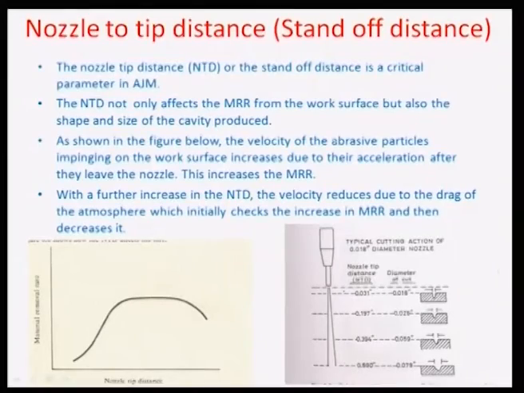Let us look at some other important aspects of AJM, and as I told you before, there is this term called standoff distance or nozzle to tip distance, and it is self explanatory, as given in the description here: it is the distance at which the nozzle rests with respect to the surface which you are machining.